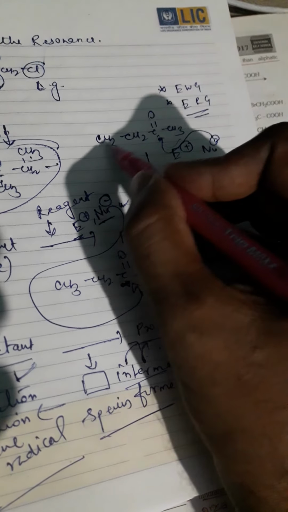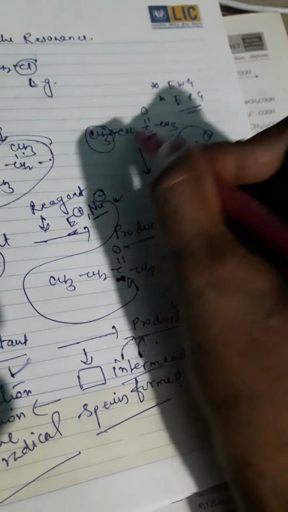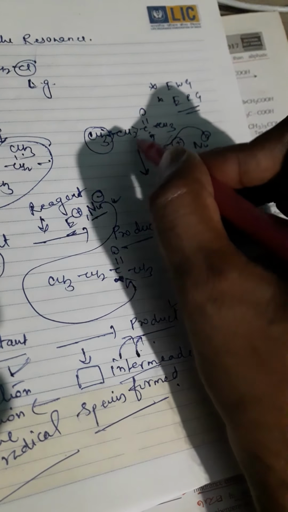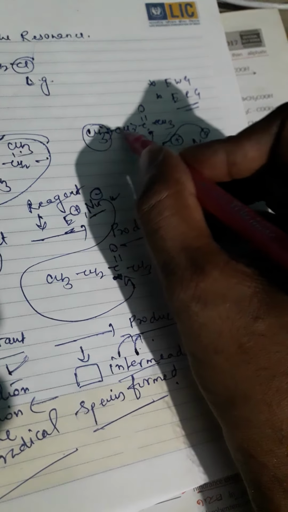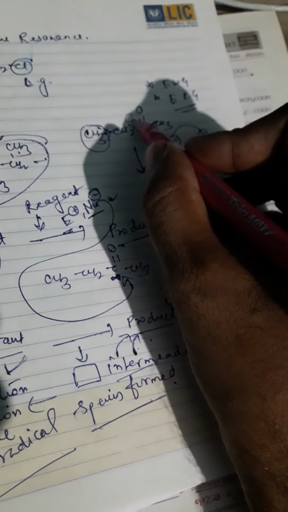Suppose that this is the electron releasing group. Okay, so reaction will go forward very easily because the electron density proceeds in this direction. So that's why this bond will easily migrate to oxygen.